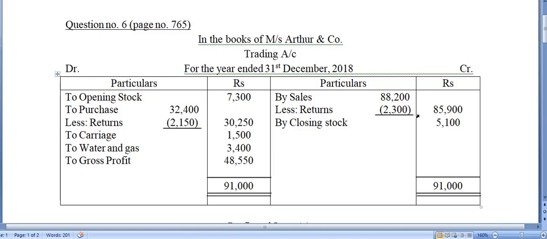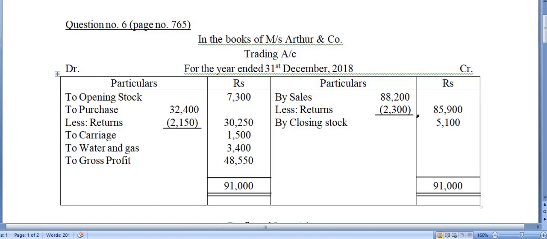In fact, whatever items are given outside the trial balance as adjustments appear two times, be it in the trading account and balance sheet, in the P&L account and balance sheet, or in the trading account and P&L account. Sometimes an item can appear in the trading account and P&L account but not in the balance sheet.